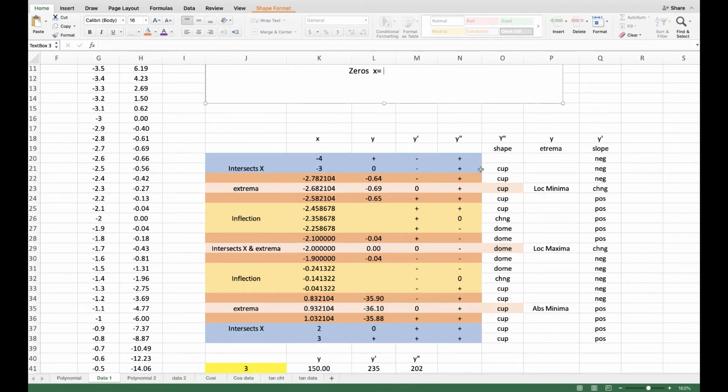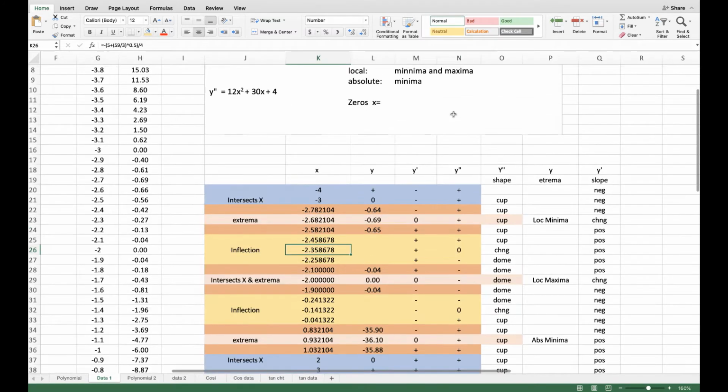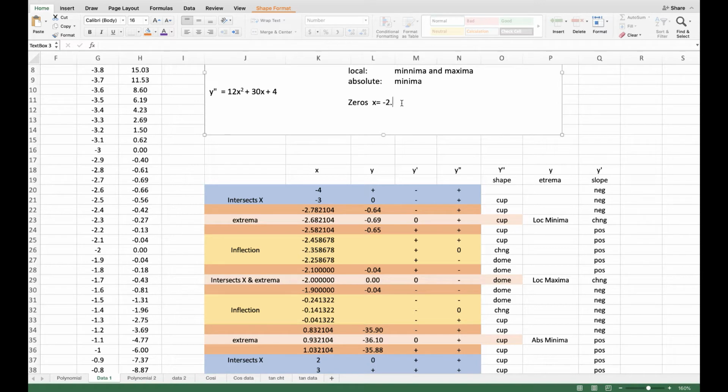We can find where this is 0 at x equals minus 2.35 and x equals, where's the other 0?